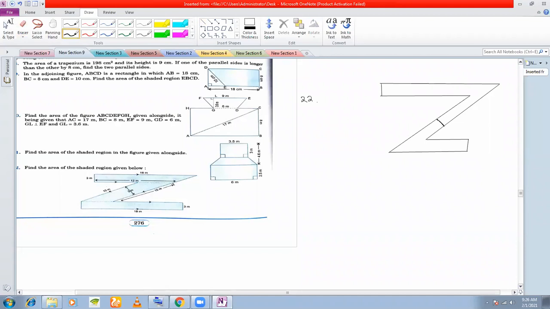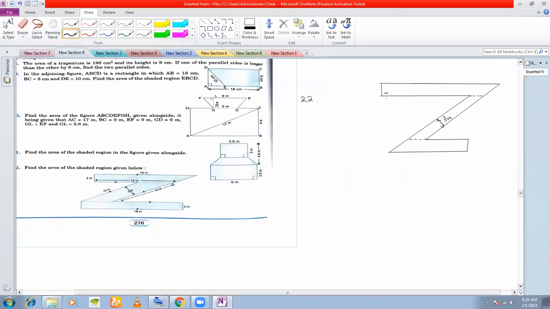This is given to you as 3 meters. You join this with the help of a dotted line, and this also has been joined with the help of a dotted line. This length is given to you, in fact, this entire length is given to you.